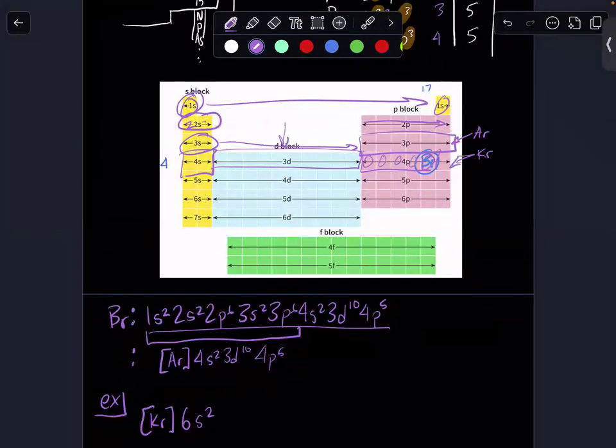And so 6s2, or sorry, I might have made a mistake here. 5s2. I did make a mistake. So we'll go krypton 5s2. Krypton's right here, 5s1, 5s2. It'll be this element, which when you compare with your periodic table, you'll find that it's strontium.